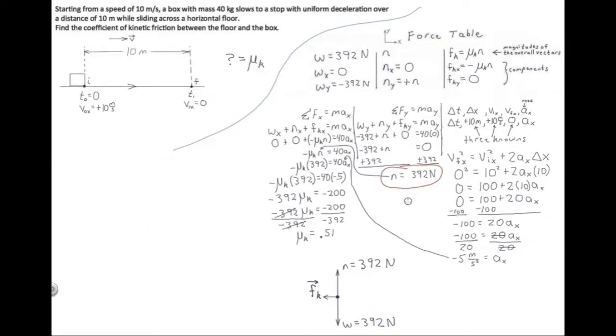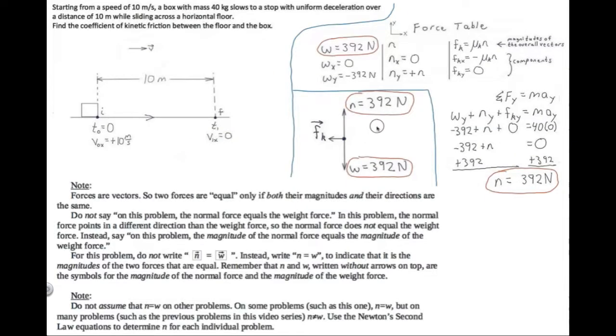Now let's ask whether our results make sense. This symbol stands for the magnitude of the normal force. Magnitudes can't be negative, so it makes sense that this result is positive. The magnitude of the normal force is 392 newtons, which is equal to the magnitude of the weight force. Does that make sense? Well, on this problem, the weight force is trying to make the box begin moving down through the surface of the floor.